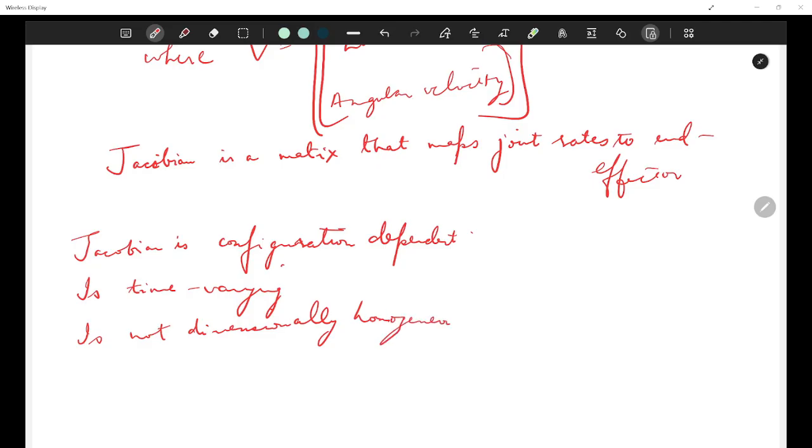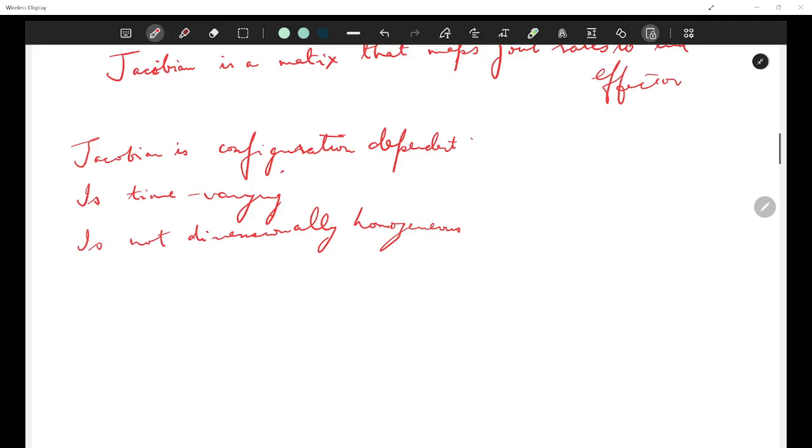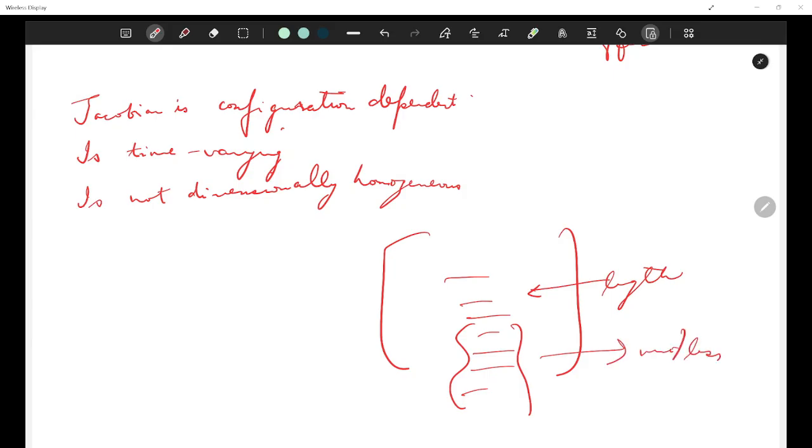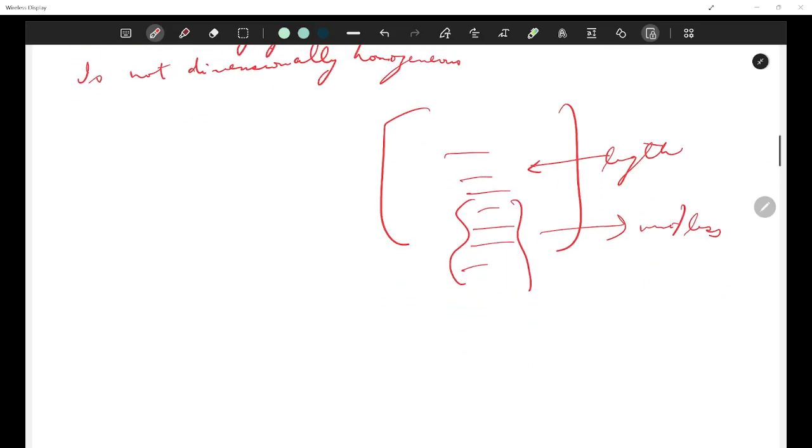So you might have already seen that the top three rows are length and the bottom three rows are unitless. So the condition number is physically meaningless unless normalized.